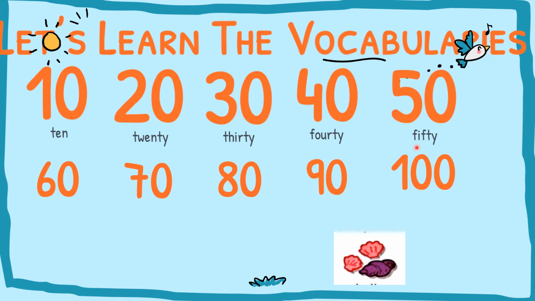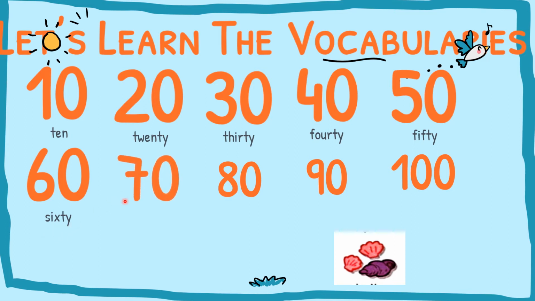F-I-F-T-Y, 50. The next line: 60. Can you spell 60? Yes, very good. S-I-X-T-Y, 60. The next one is 70. Spell 70.